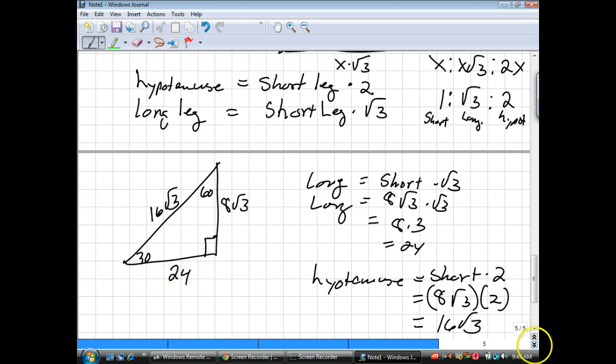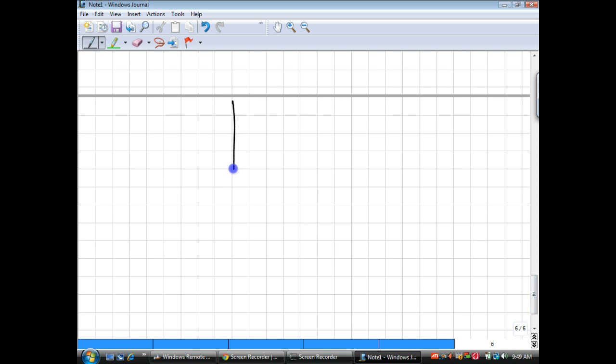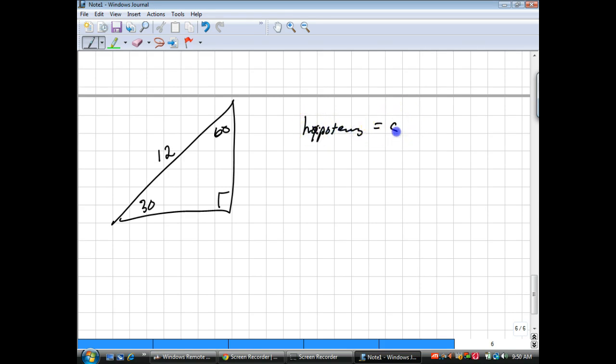Okay, so another example, again, if I have a 30, 60, 90 triangle, and I know the hypotenuse is 12. Okay, well, I know the hypotenuse is equal to the short times 2. So 12 is equal to x times 2. So divide both sides by 2.